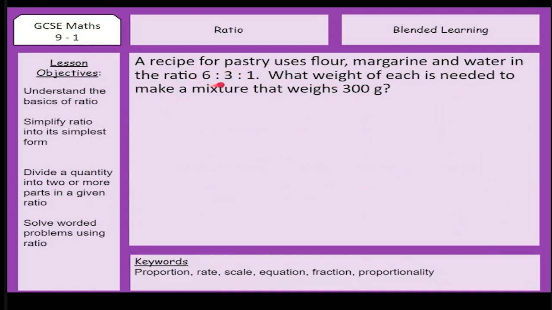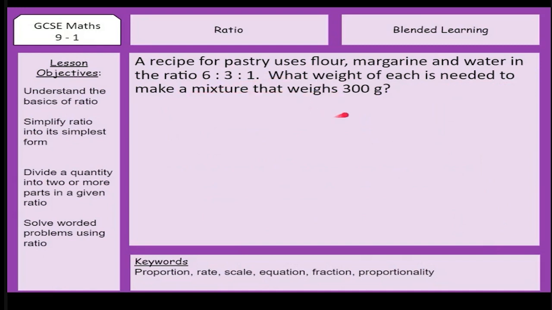So the first one is flour, the second one is margarine, and the last one, the third one, is water. So 6 parts flour, 3 parts margarine, 1 part water. What weight of each is needed to make a mixture that weighs 300 grams?